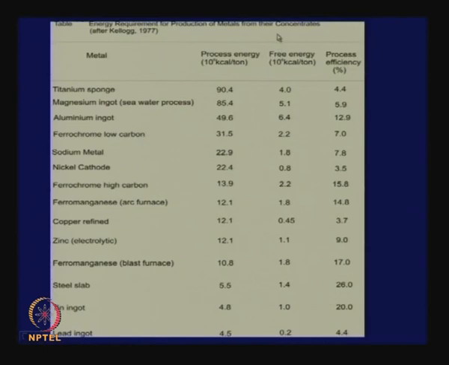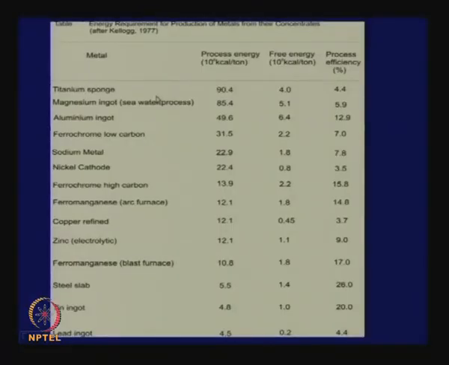What I am trying to say is that you can look at the free energies of formation of the pure compounds, but these pure compounds are not available in nature as such. The minerals are available in the form of ores and minerals, where you do not have the pure compounds. It needs much more energy, and that is why we have to spend so much energy to extract metals from ores and minerals.